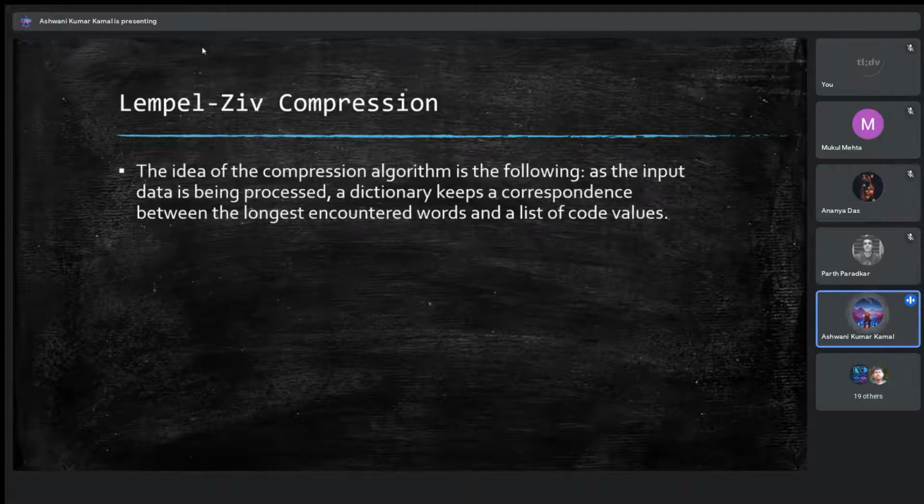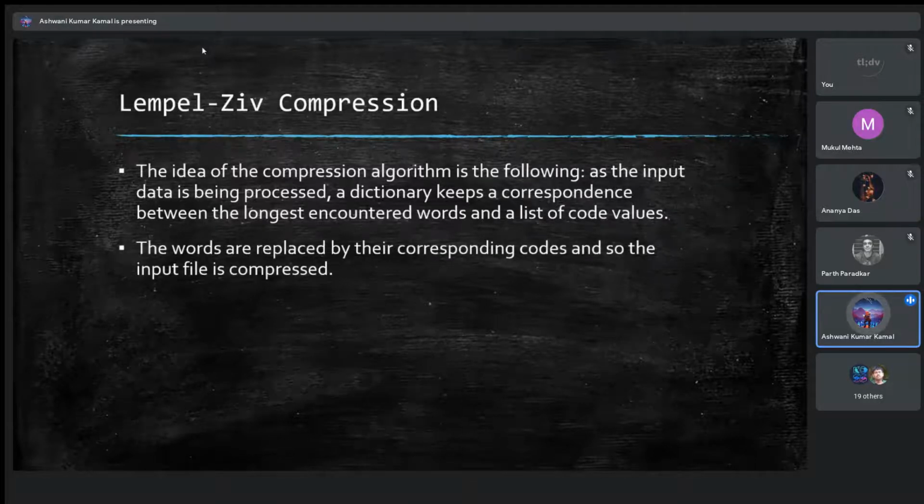So the idea of this algorithm is the following. As the input data is being processed, a dictionary is kept. We won't be working with prefix codes as we were earlier. We will be assigning some codes, but more importantly, we'll be keeping a dictionary that has pointers and data locations at which redundancies happen, so that instead of storing the same data again and again, we can refer to a pointer, and through that access the redundant characters.